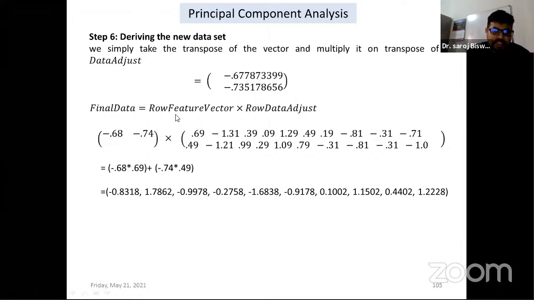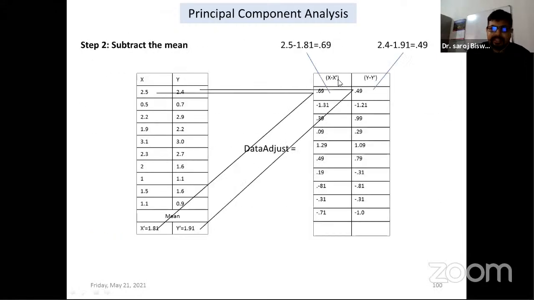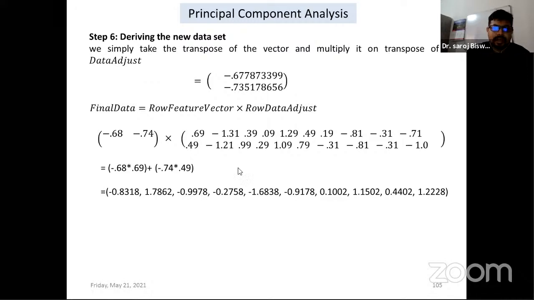We have to take the transpose of the feature vector and the transpose of the data adjust. This is the data adjust, right? Now we take the transpose of this one and of this one. Transpose of this one is this.